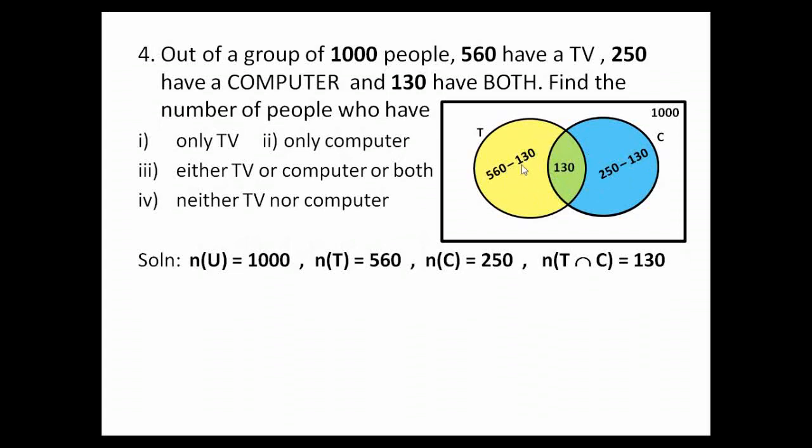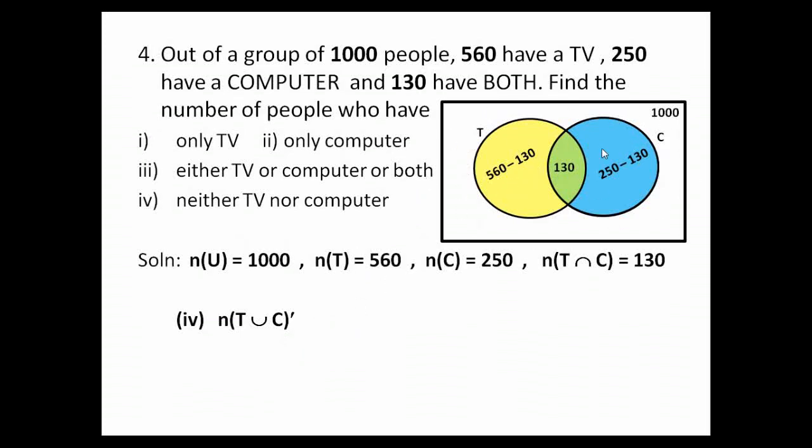So we can say we have to find N((T union C) complement), because we have to find the number of people who do not fall in this group. So N((T union C) complement) will be equal to what? The universal set we know.